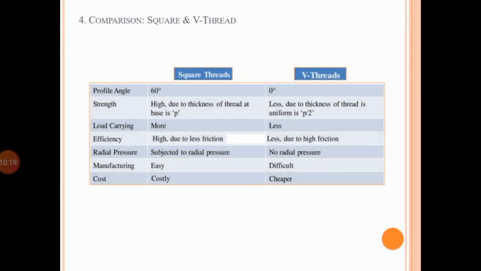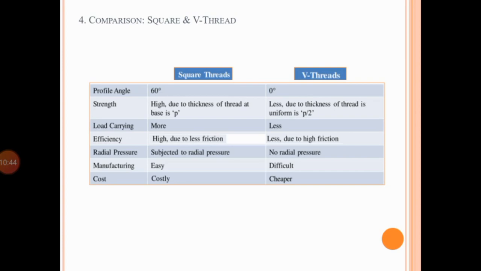Then there is a comparison between square and V over Acme or trapezoidal thread. The profile angle in the case of the square thread is 0 degrees, whereas in the case of the V thread it is 60 degrees, because the V thread has inclined flanks. Strength is higher in the square thread as compared to the V thread. Load carrying capacity, of course, is more for the square thread than the V thread.